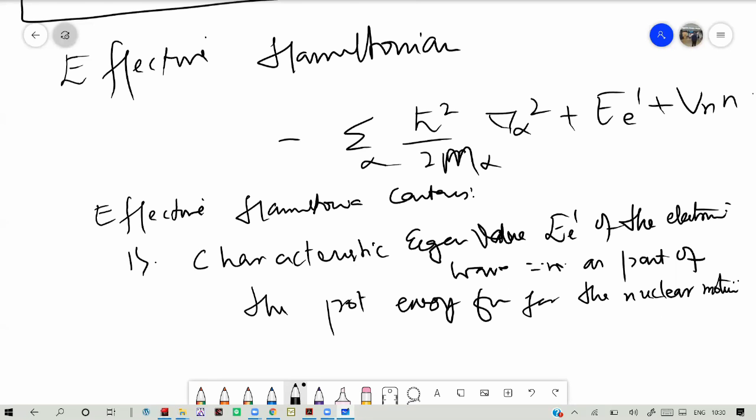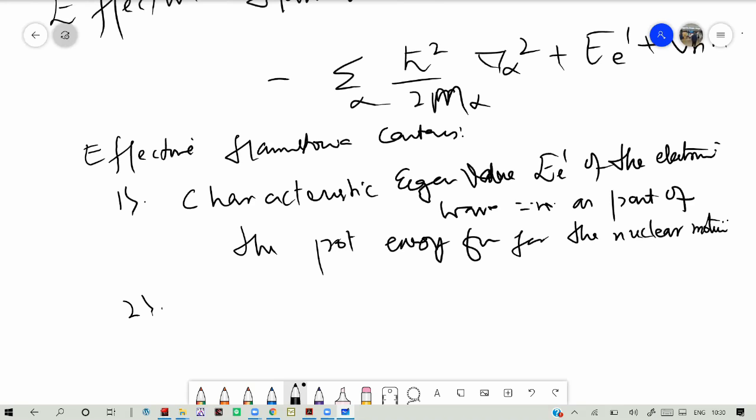Number two, the other part of this Hamiltonian.